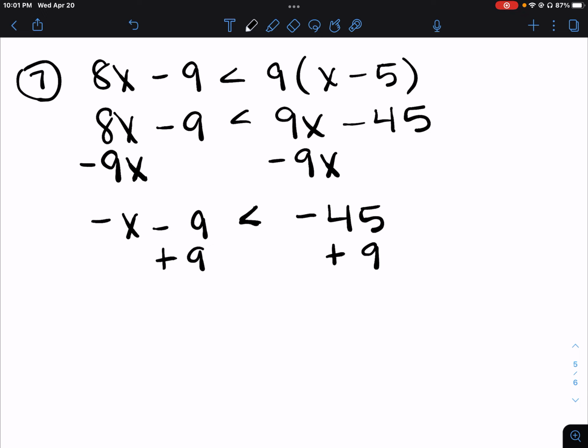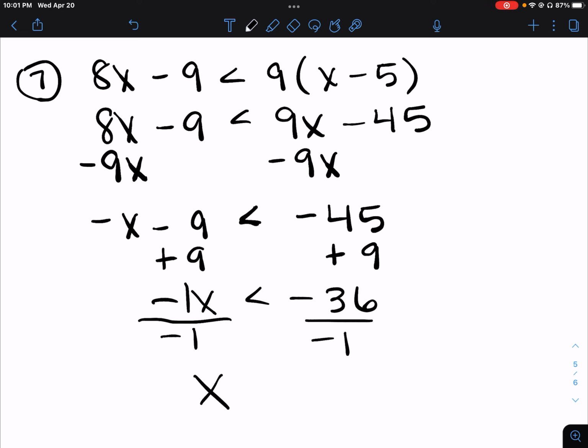So we've got negative x is less than negative 36. That's an understood negative one that we have to divide by, so we get x. Divide by a negative means that symbol is going to turn the other way. A negative divided by a negative is a positive.